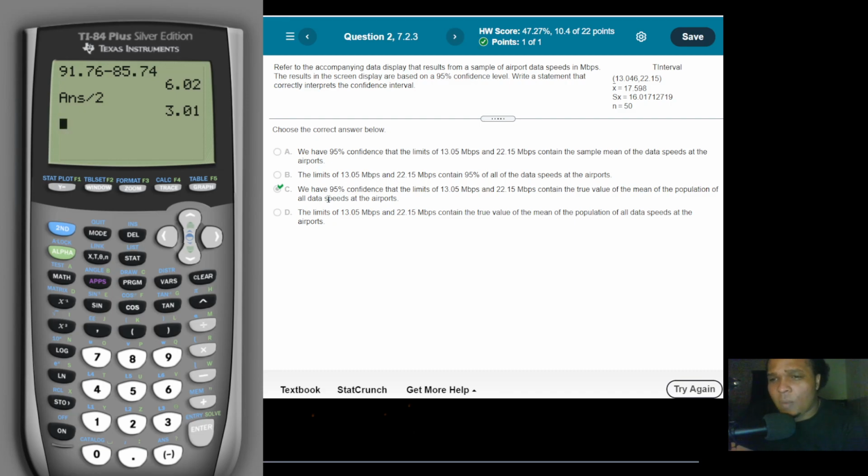They want you to get the terminology. Whenever you find a confidence interval, this is the lingo that you want to use. We have 95% confidence at the limits of 13.05, which is this guy here. They round it to the second decimal place, looks like, right? 13.05 megabytes per second and 22.15 megabytes per second is already rounded to two decimal places, so they use the same number.